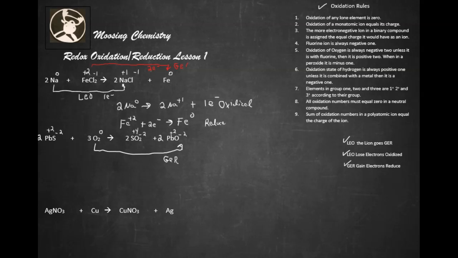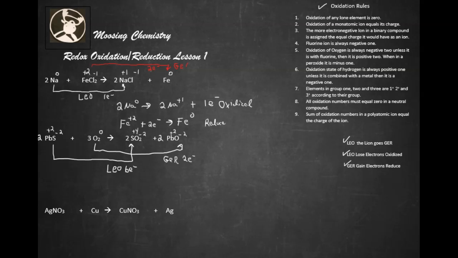So we're going to gain 2 electrons. And our S is going from a -2 to a +4. So we are going to lose 6 electrons. So this is going to be LEO. This is going to be 6 electrons lost.